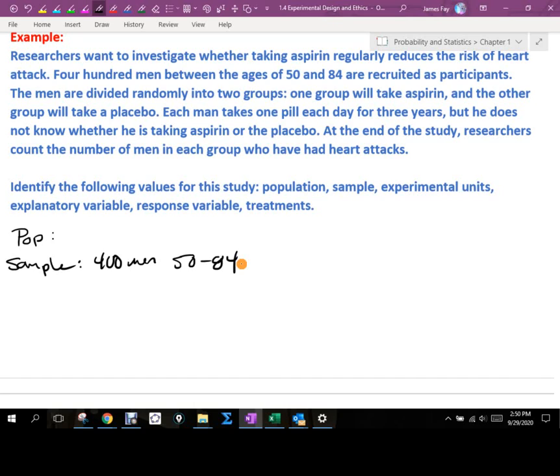So my response is trying to lower heart attack rates by giving aspirin, right? So the aspirin would be the reason or the explanation of why heart attack rates go up or down. Does that make sense? So heart attack rates is the response variable, and the aspirin would be the explanatory variable.